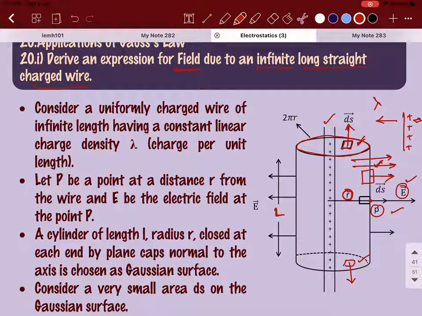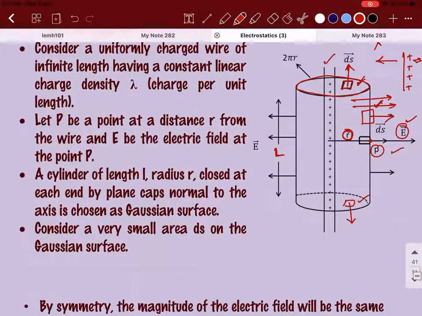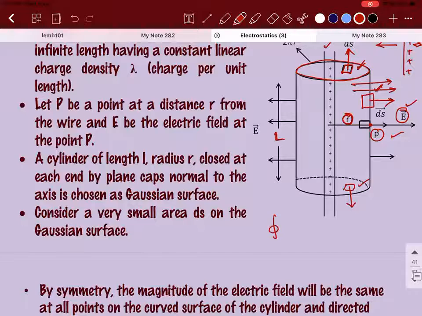Apply Gauss's law: the surface integral of E dot dA is equal to 1 by epsilon naught times Q enclosed, correct? So the surface integral of E dot dA is E into dA into cos how much?